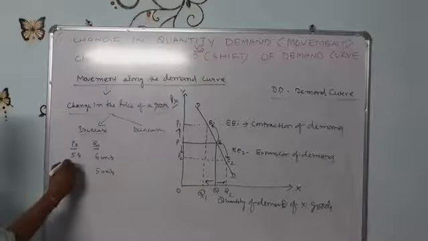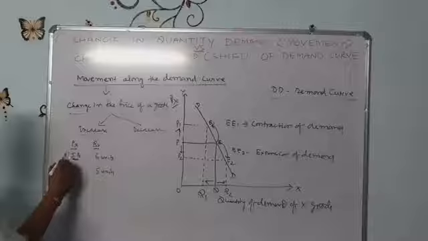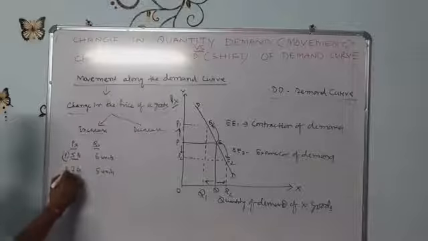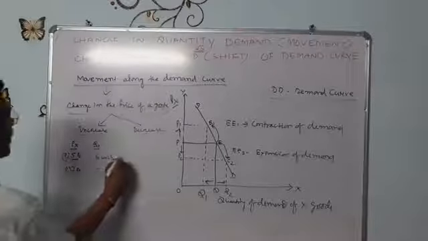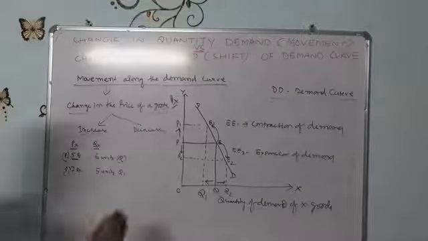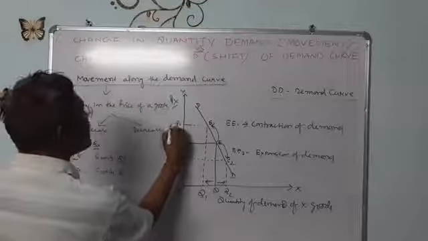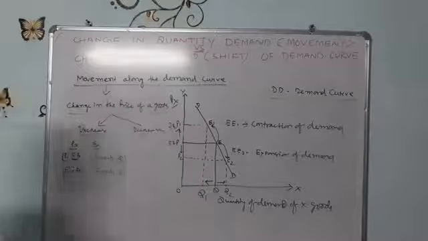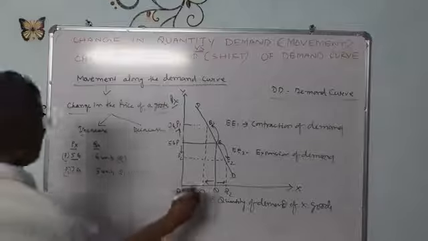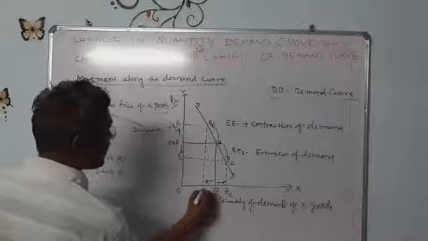So here, suppose 5 rupees is P and 7 rupees is P1, and this is Q and this is Q1. This is 6 units, this is 5 units.